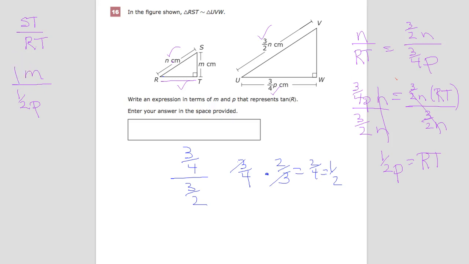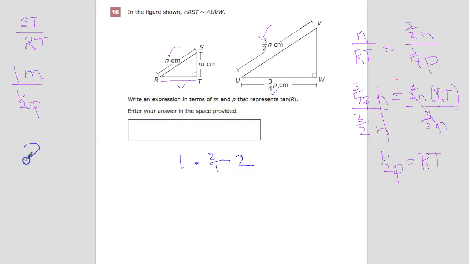We can say this is 1 over 1/2 P. The first thing you could do is try to eliminate the 1/2 by multiplying by 2 and do it to the top and the bottom. Or if you want to stick with the old keep it, flip it, switch it thing that we were doing earlier, that's also fine. So 1 would be kept. This would be flipped, and this would be switched. So it becomes 2, and that stays in the numerator.